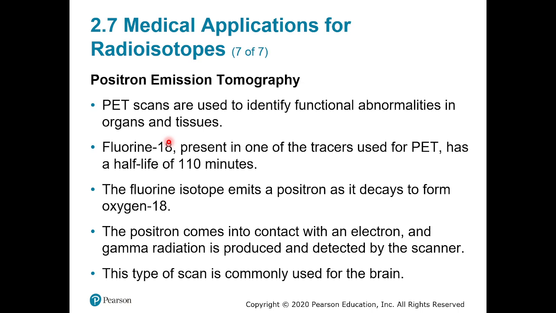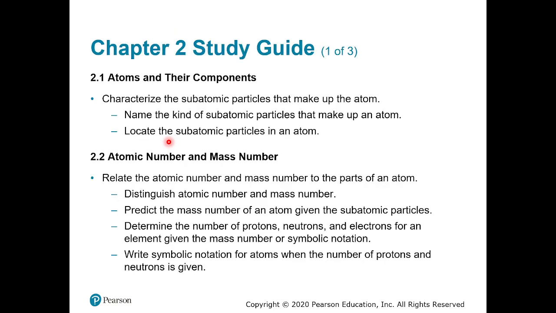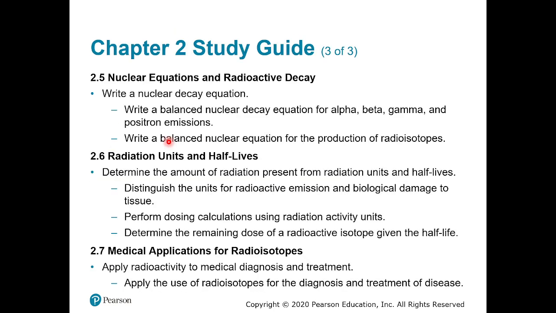If you have parts that aren't using any glucose, guess what that means about them? Why would tissue not be using energy? It's dead. Yeah, or very close to. Okay, this is the study guide right here.